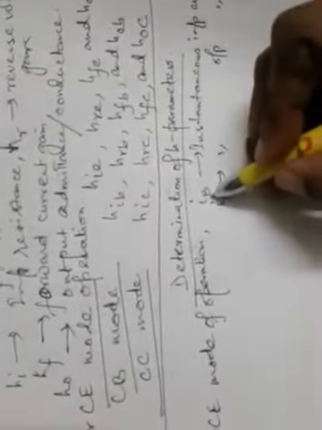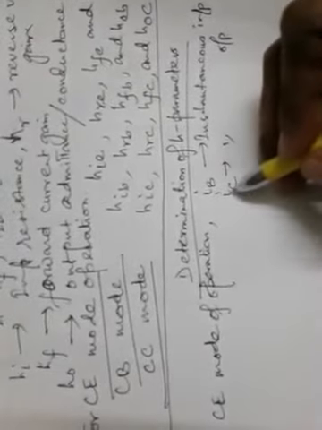You can see that the subscript is in capital letter but the variable is in small letter. This is the way of representing the instantaneous values of different variables used for a transistor amplifier.